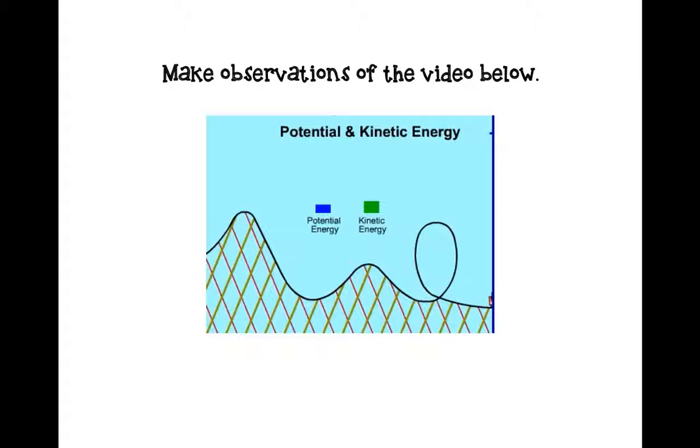At this point, if you're working with a partner, I want you to discuss with your partner what you noticed about the potential and kinetic energy of the roller coaster as it moved across the different hills and loops.